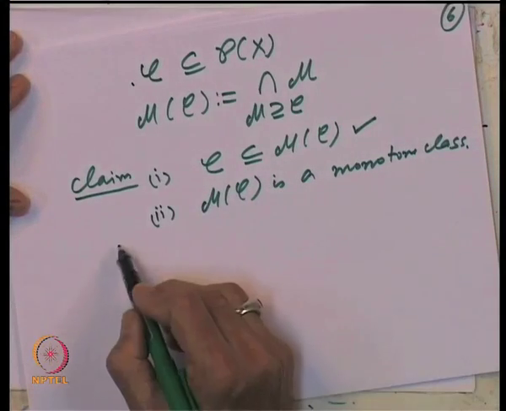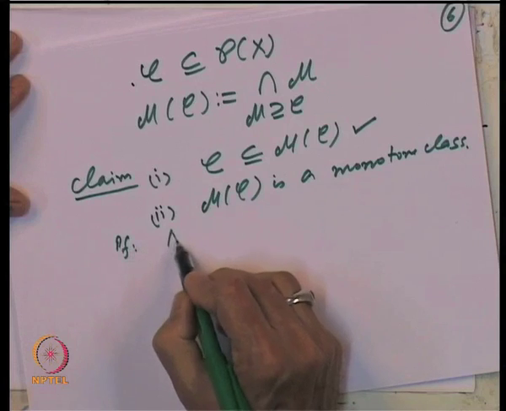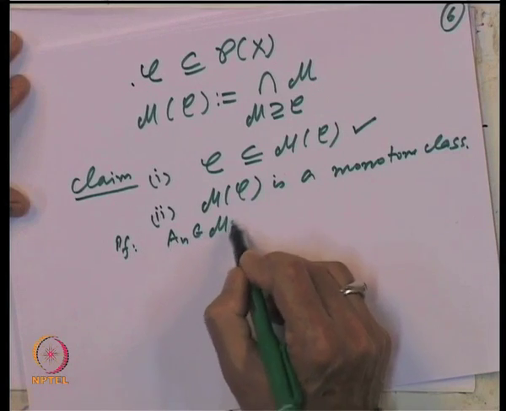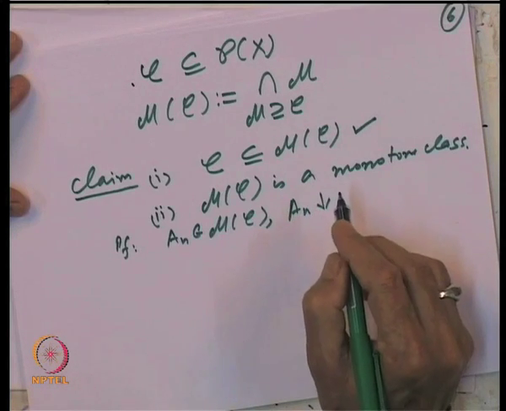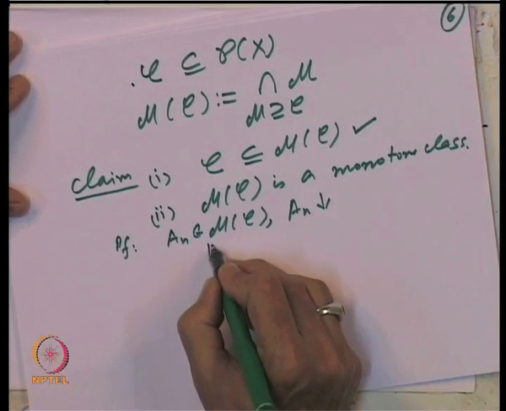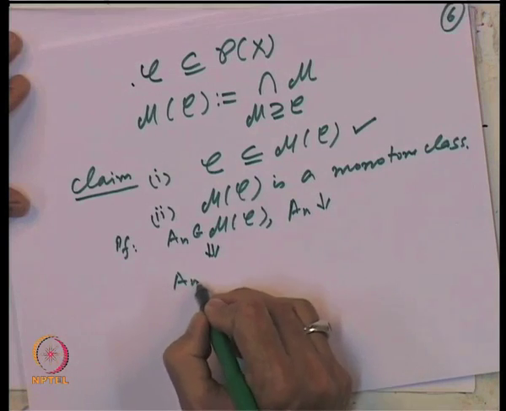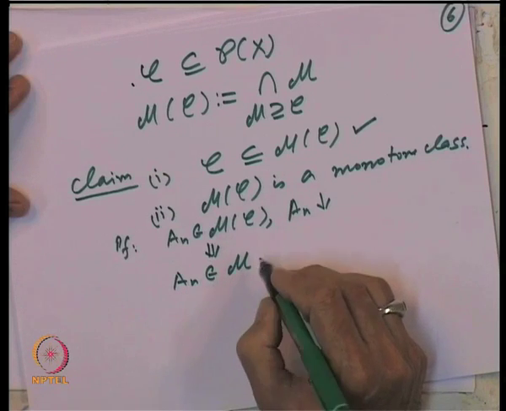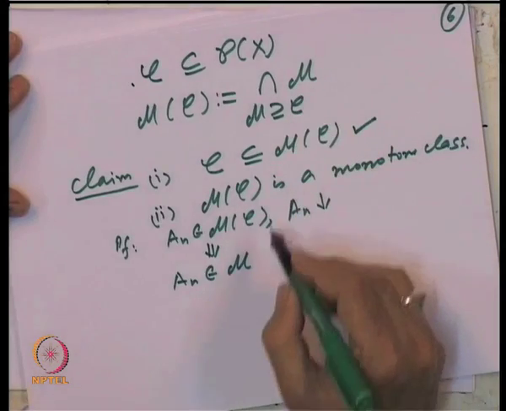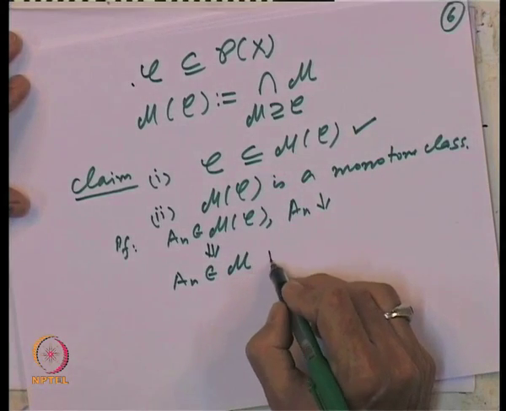To prove this, let us look at A n's belonging to M of C, with A n's decreasing. But this implies that each A n also belongs to M, for every collection M which includes C, for every n.